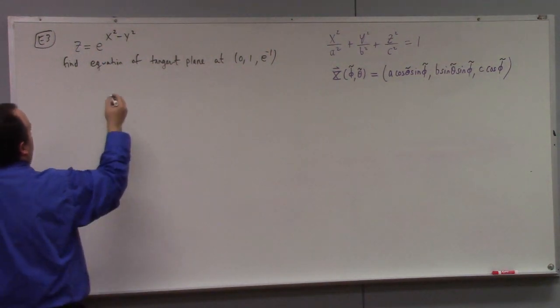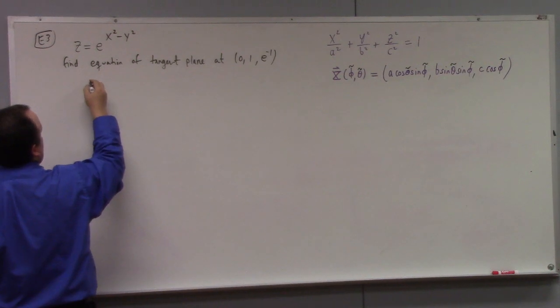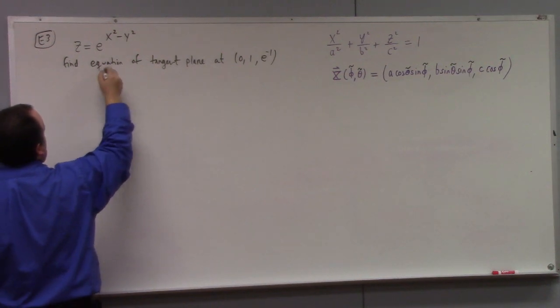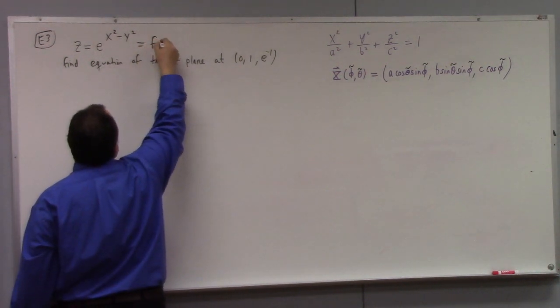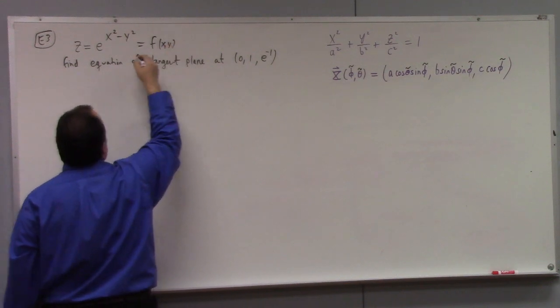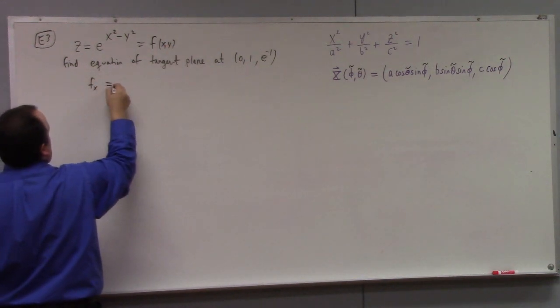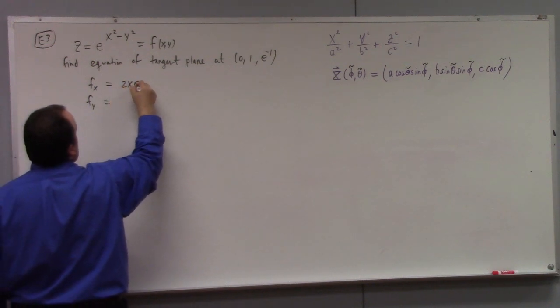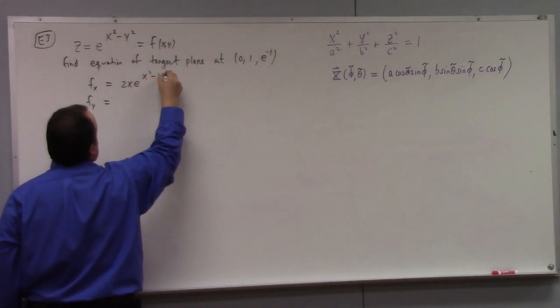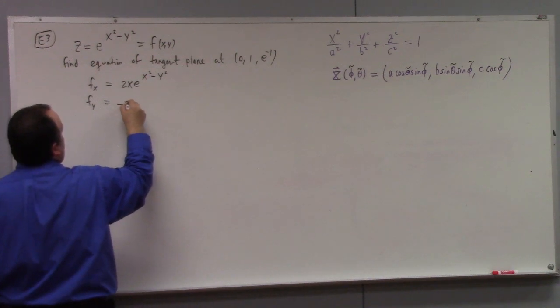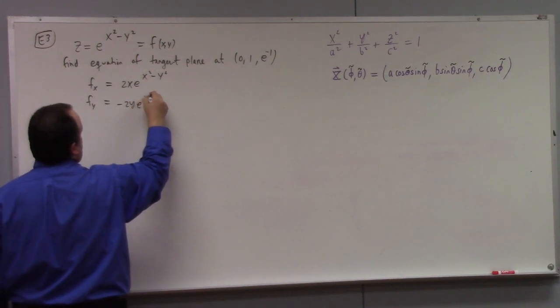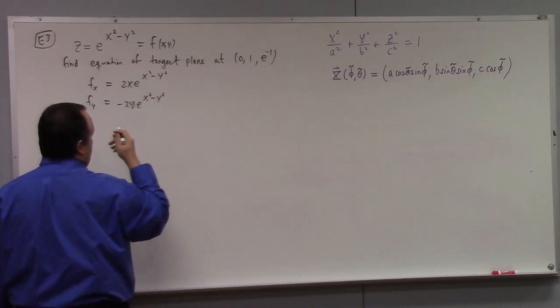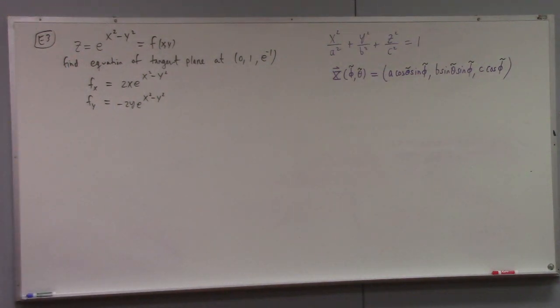OK, great. And so I think of this as my function of two variables, right? What's fx? What's fy? Fx would be 2x e to the x squared minus y squared. Fy would be minus 2y e to the x squared minus y squared. I'm using the chain rule both times, right?